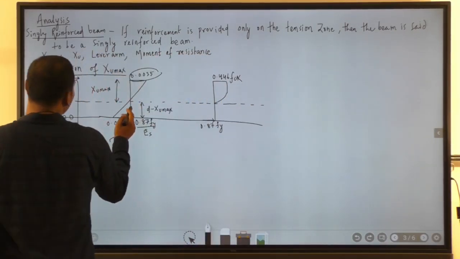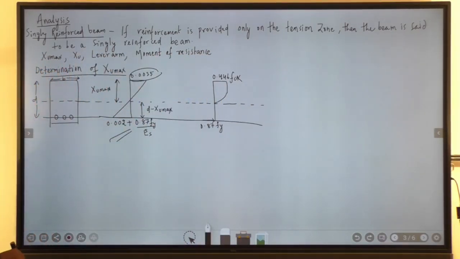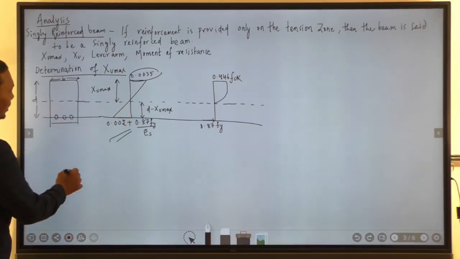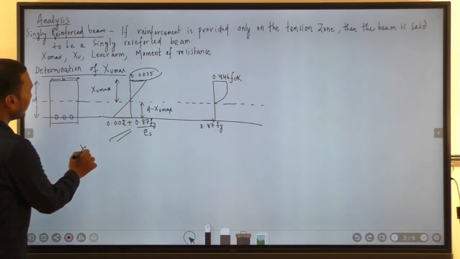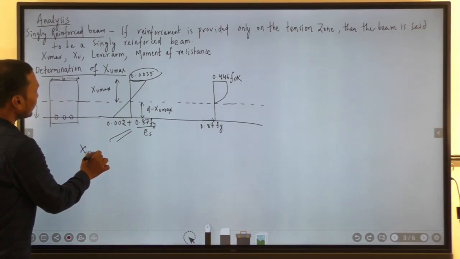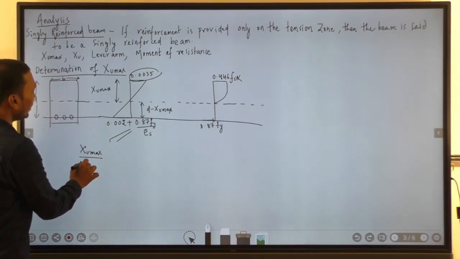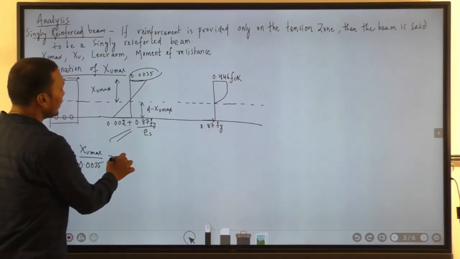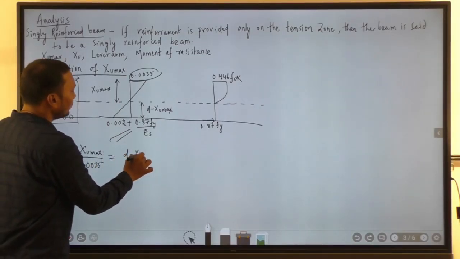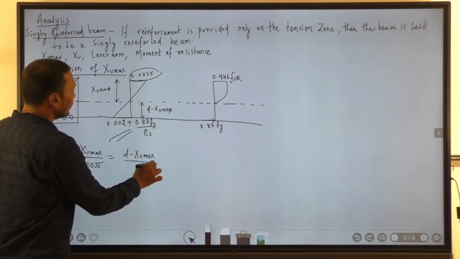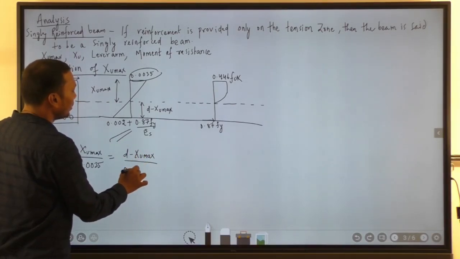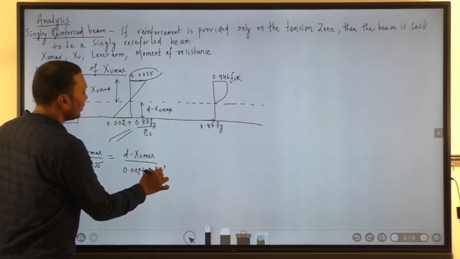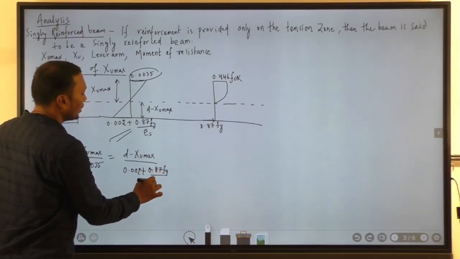From this strain diagram, these two triangles are similar triangles, so we can write the equation directly as Xu max by 0.0035 is equal to d minus Xu max by 0.002 plus 0.87 fy by Es.